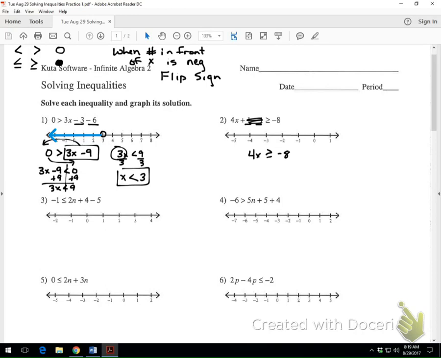Okay, what do I do from here? Divide by 4. So I get x and negative 2. Now, is our x negative? Nope, so our sign stays the same, right? Okay, so at negative 2, I'm going to put open or closed? Closed. And shade to the right.